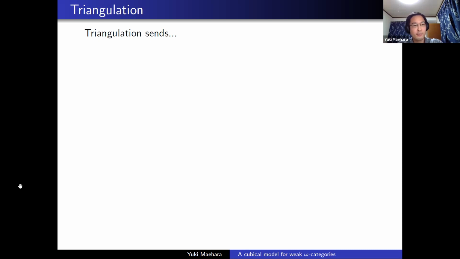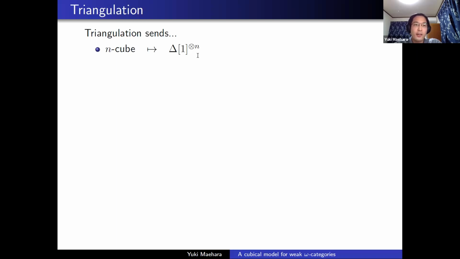And probably the triangulation of the one cube should be the one simplex. On the simplicial side, we have the Gray tensor product defined by Verity. So we just send the n cube to the simplicial Gray tensor product of n many copies of delta 1.